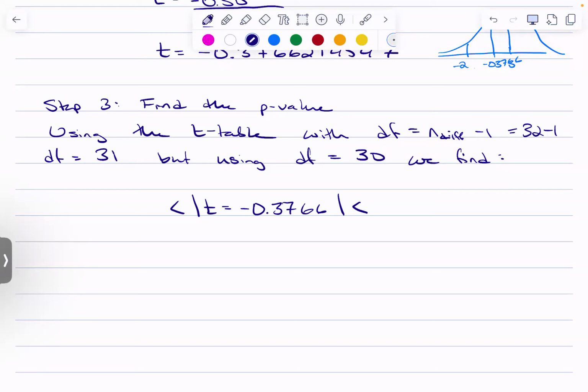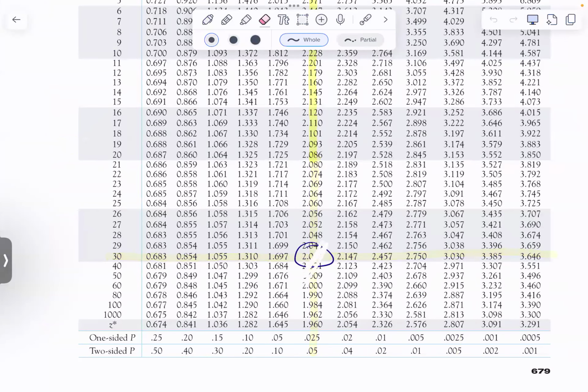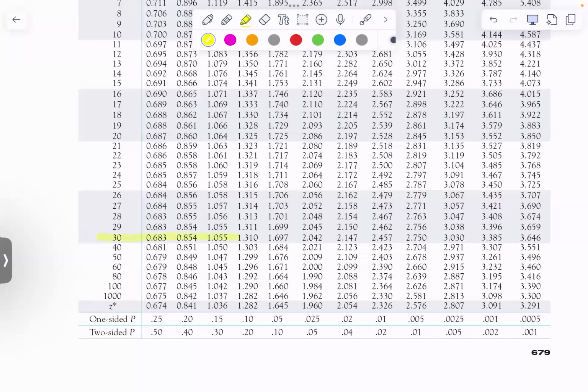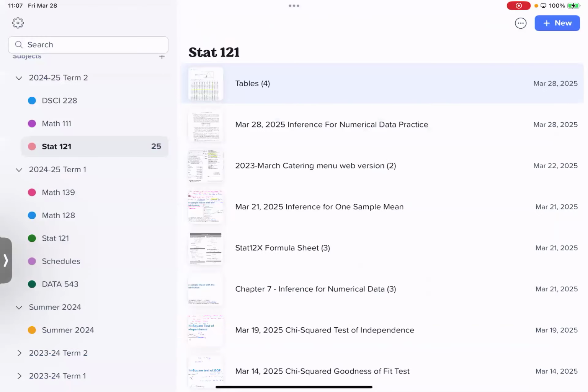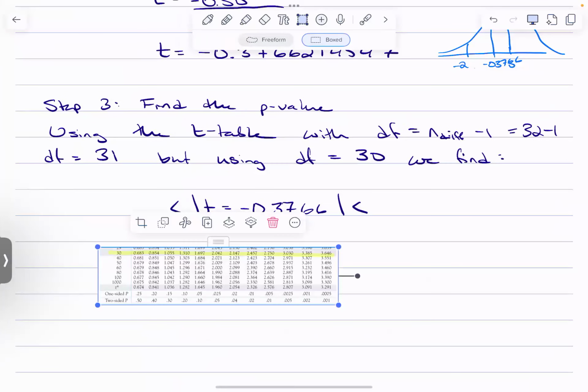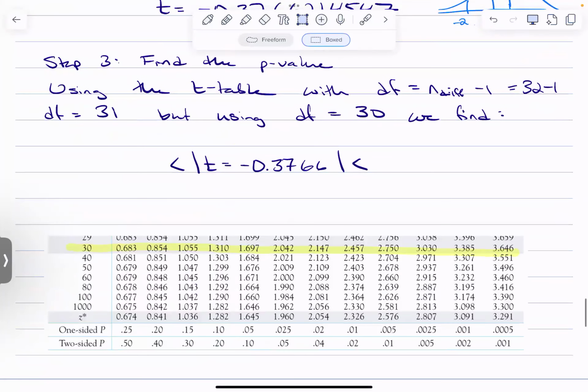That value is going to be between two things. Absolute value drops the negative.